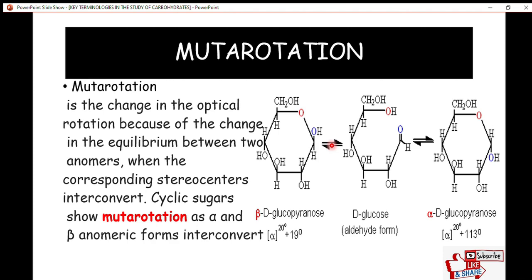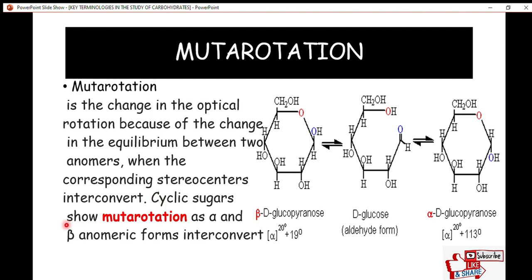An equilibrium reaction can convert this beta molecule to an alpha D glucopyranose, and this is called mutarotation. So it is the interconvertibility between two anomeric forms. We can convert a beta D glucopyranose to an alpha D glucopyranose, and this is called mutarotation.